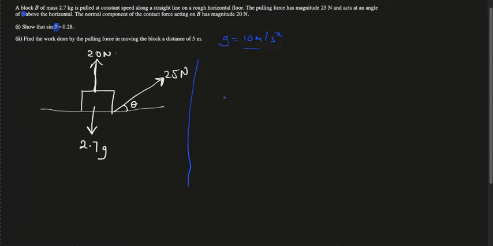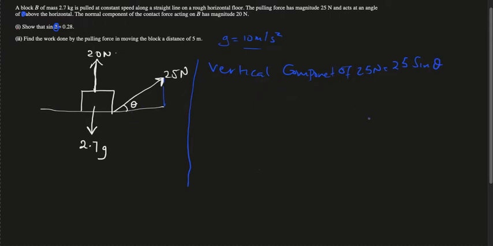So part one, they're asking us to show that sine of this angle is 0.28. We know that the force of 25 newtons has two components. It has a vertical component, which will be 25 sine theta.